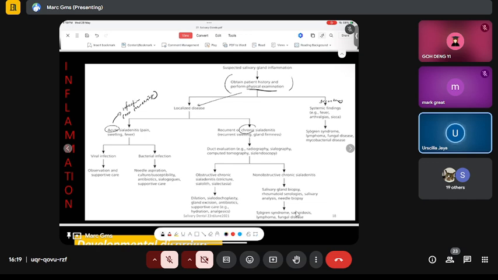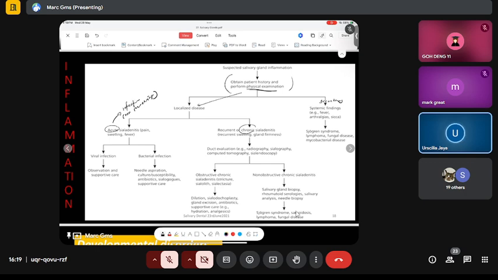If it's recurrent or chronic, then you can think of all the ones stated below, whether it's obstructive or non-obstructive. If it's obstructive, you think of the three things I told you: either a stone, a mucous plug causing an obstruction, or a stricture.